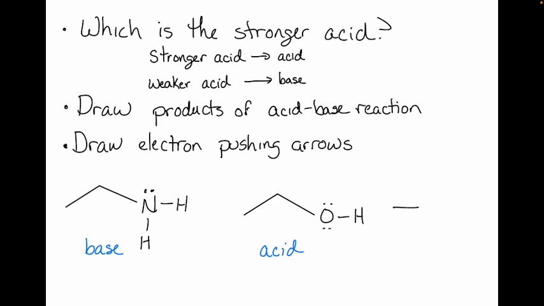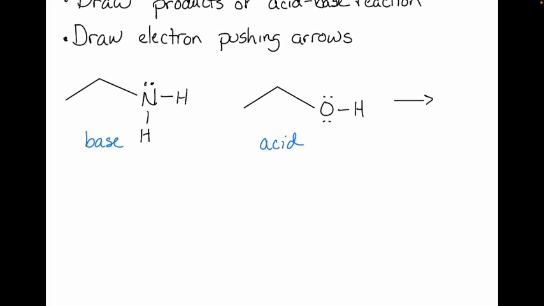Now that I have my acid and my base assigned, I can do my products by drawing my conjugate acid. So I'm going to take my base, and I'm going to add a proton in place of that lone pair. Right, that will have the effect of increasing that charge by 1. Again, this is my conjugate acid.